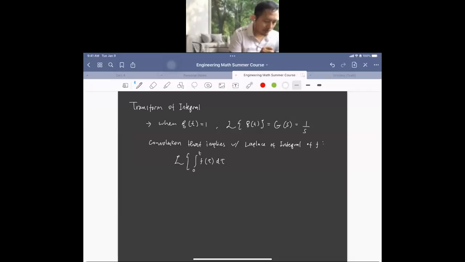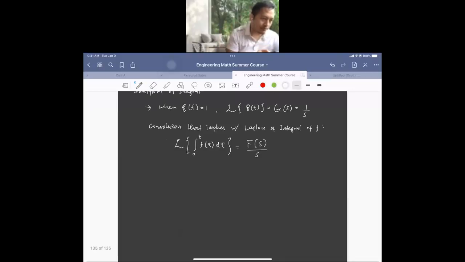So if we take g equal to 1, this will be equal to F of s divided by s, right? Because Laplace of g is 1 over s and Laplace of small f is capital F. So we can multiply both, and it becomes capital F divided by s. And that will be our transformation when we are having integration.